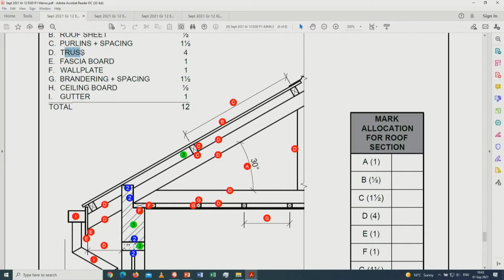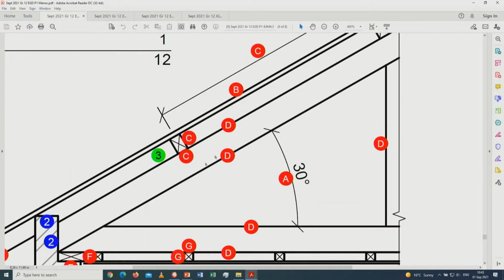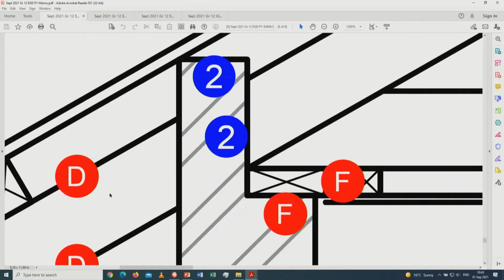With D, the roof truss itself, that is the roof truss over here. And the size of this is very important. Of course, the learner starts with the roof truss at this point over here. That is the most important point for the roof truss. If the learner doesn't know about this point, he doesn't know how to draw the roof truss.